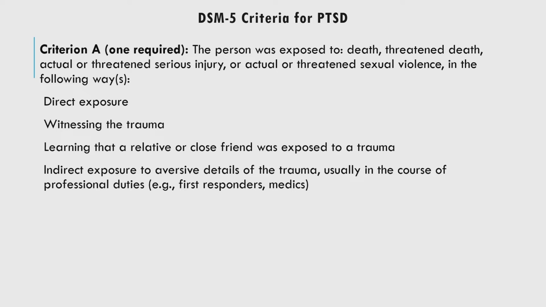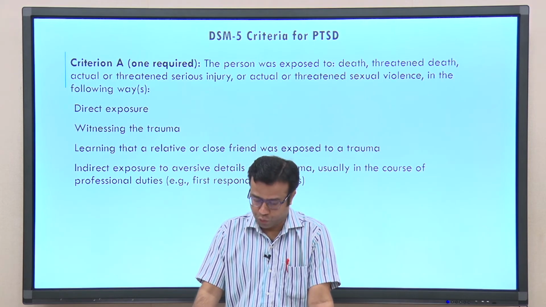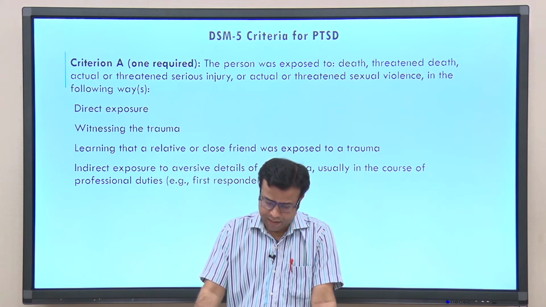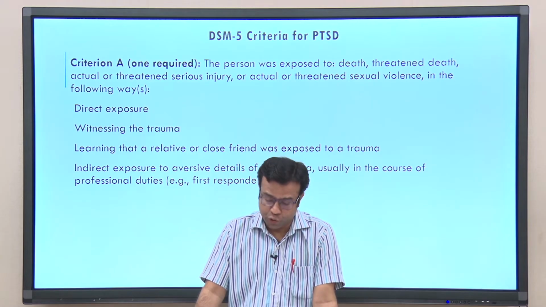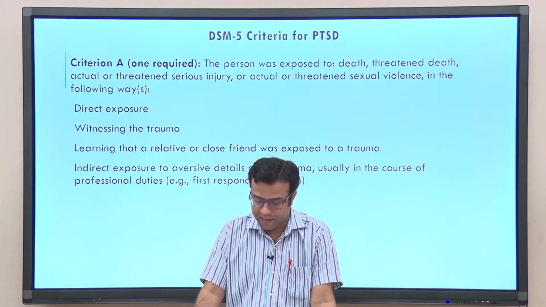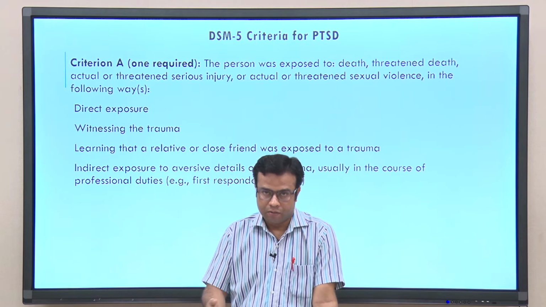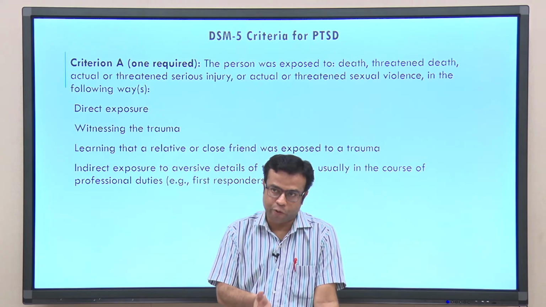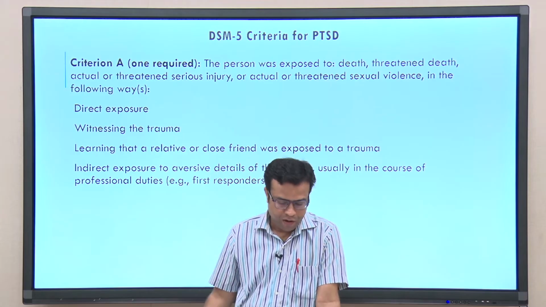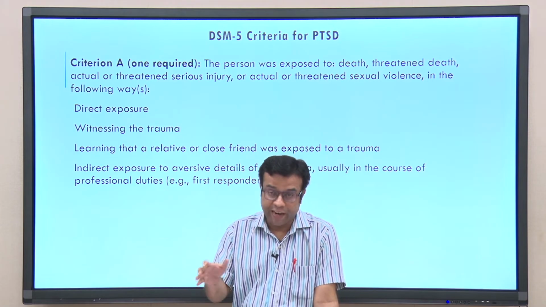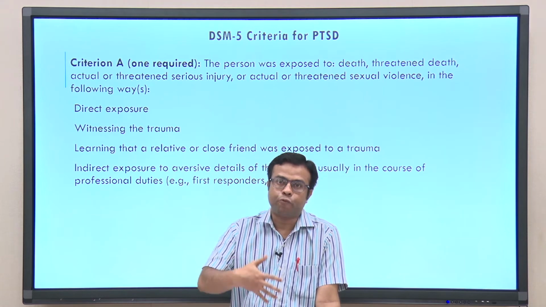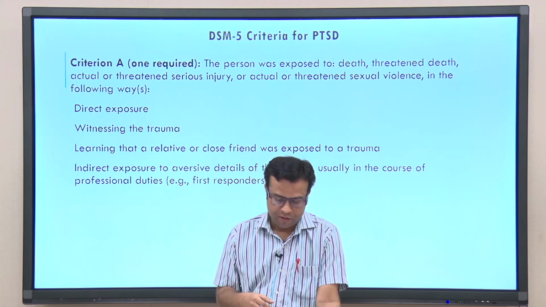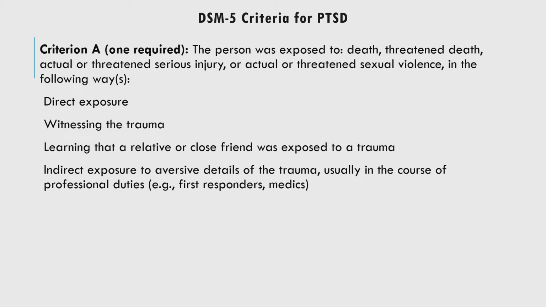The first PTSD criterion is called criterion A, which says a person was exposed to death, threatened death, actual or threatened serious injury, or actual or threatened sexual violence in the following ways. At least one of the ways is required to be diagnosed with PTSD. There can be direct exposure, or the person can witness a traumatic event happening in front of him or her, or learn that a relative or a close friend was exposed to a trauma.